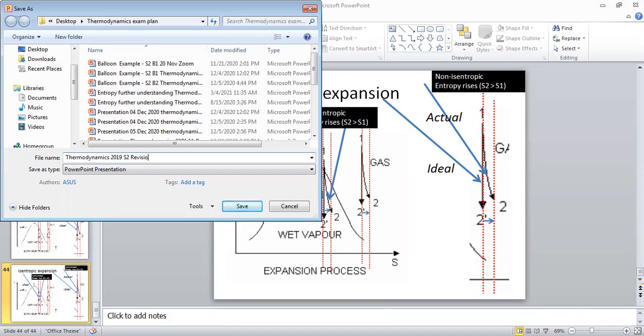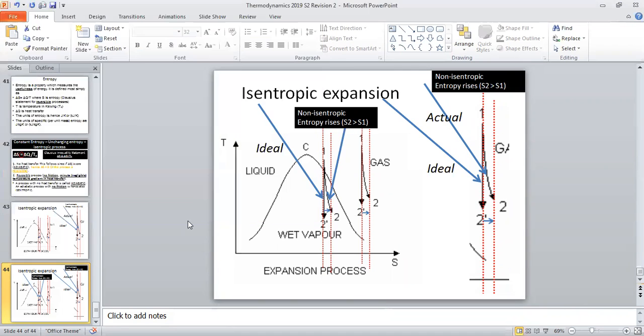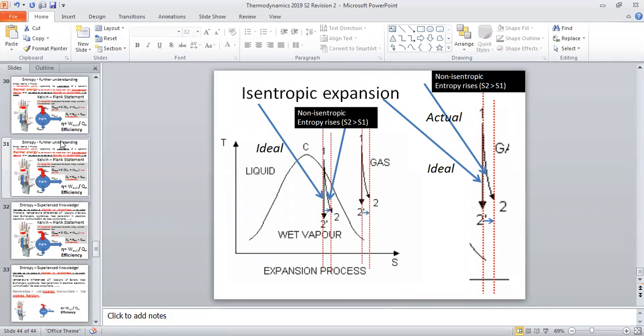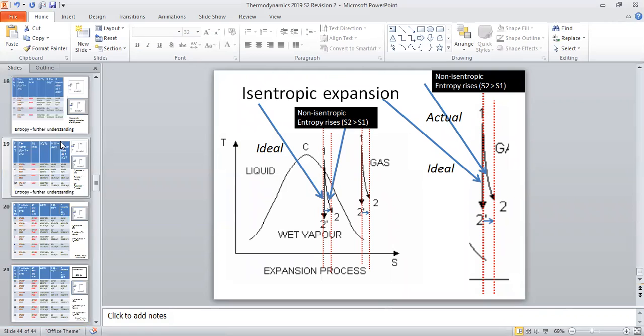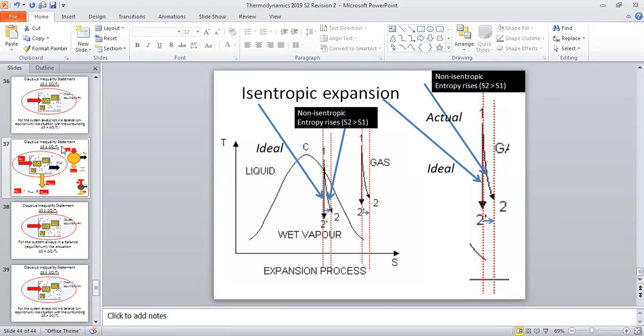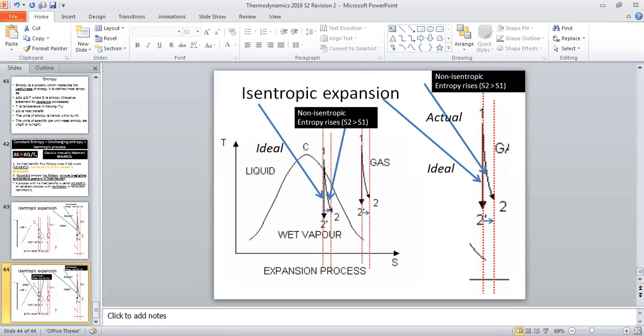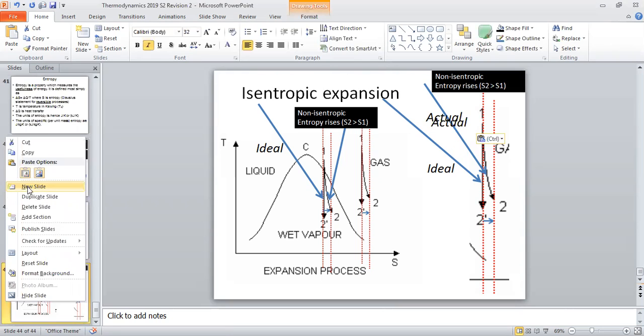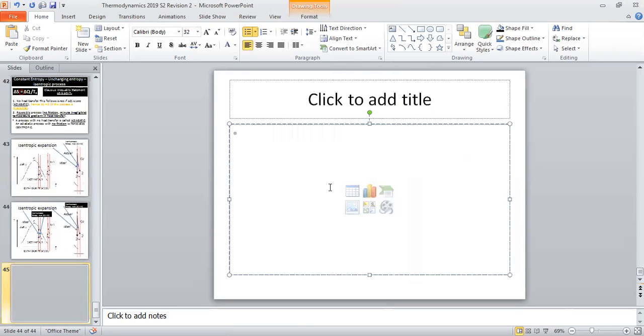Revision 2. Okay, so quite practical, and it's a must to understand this. It's very important.